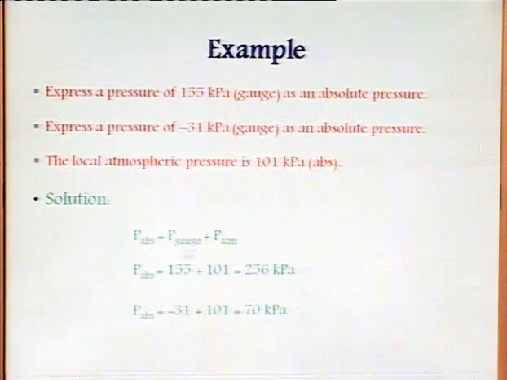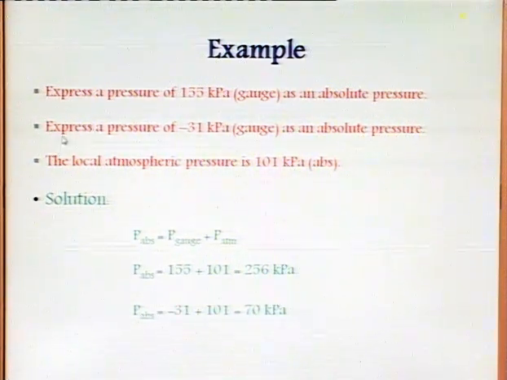We know absolute pressure is equal to gauge pressure plus atmospheric pressure. Gauge pressure is 155 and atmospheric pressure is 101 kilopascal. So, for the first part, the pressure becomes 155 plus 101 is equal to 256 kilopascal.